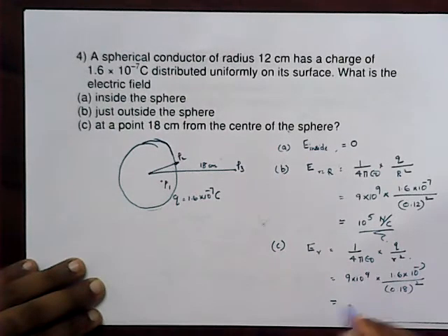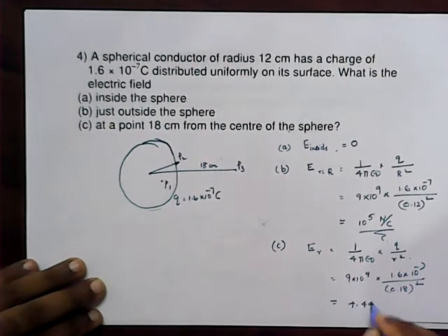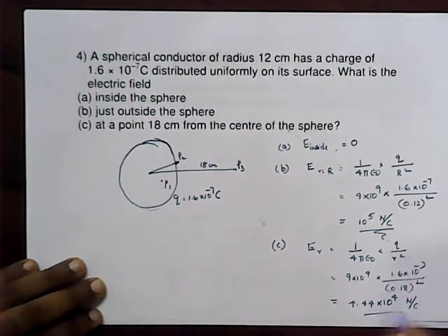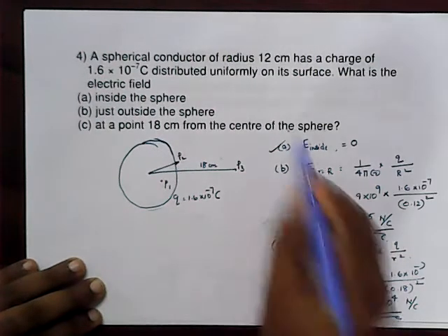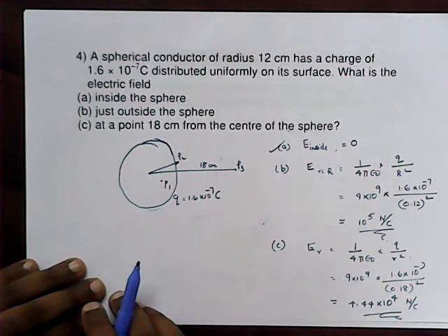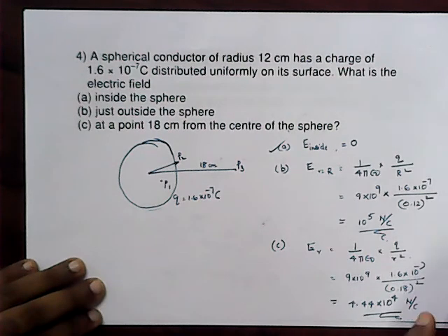So you get the answer as 4.44 into 10 raised to 4 Newton per coulomb. As simple aspects, the very important concept is that inside the shell, the electric field becomes 0. So that is a good concept.